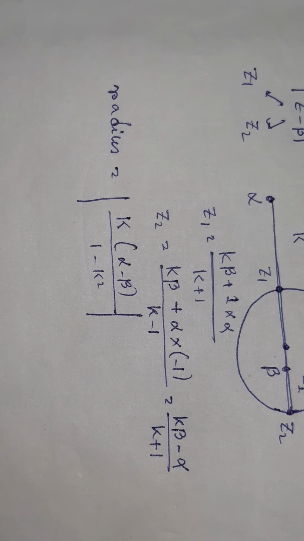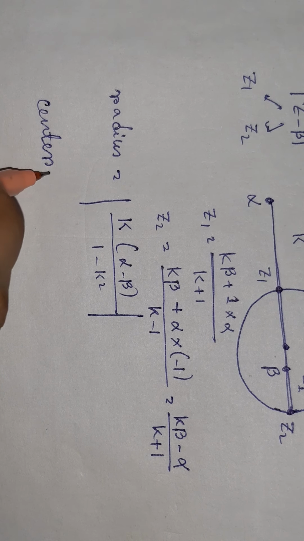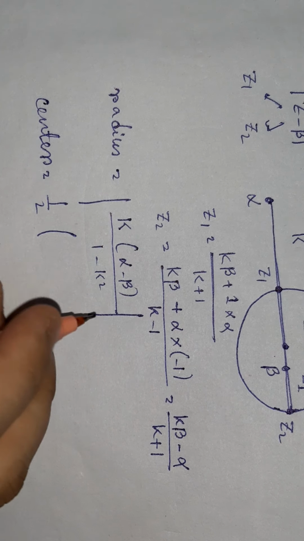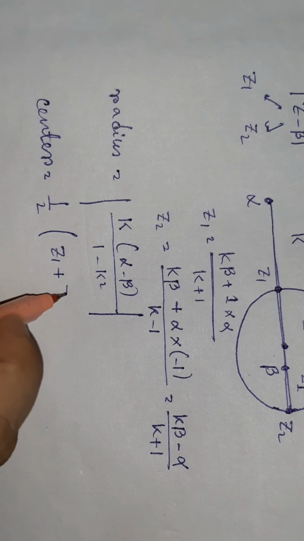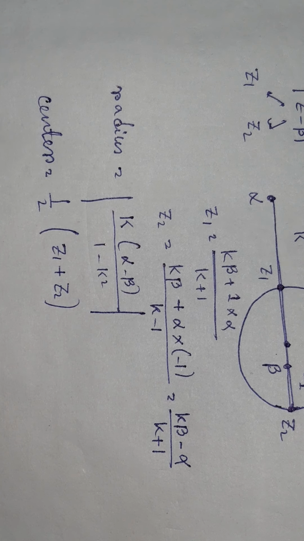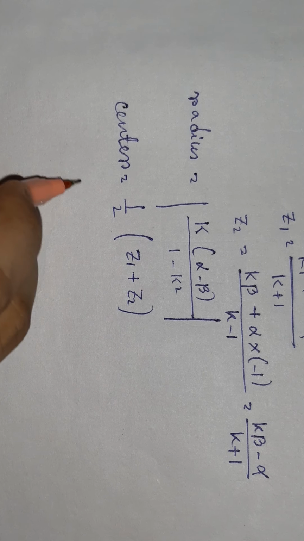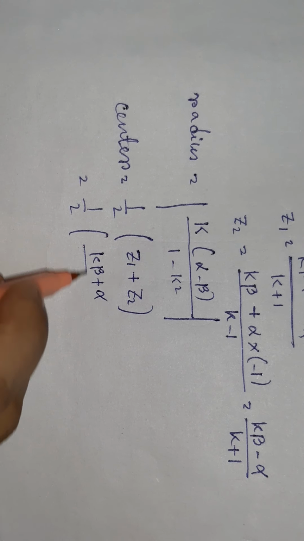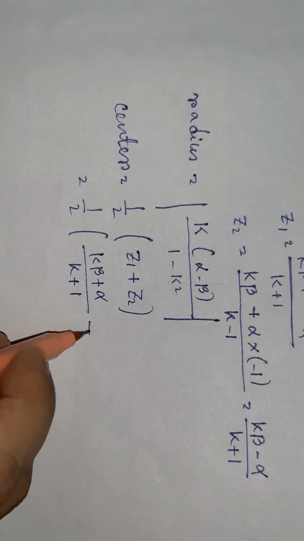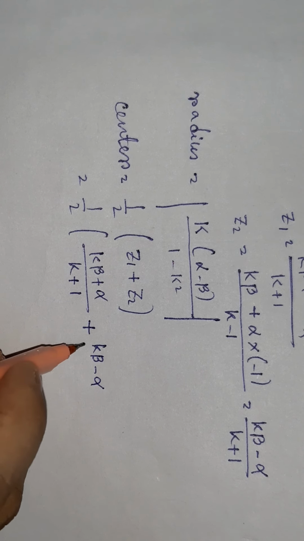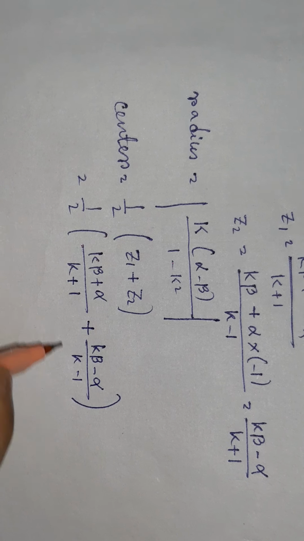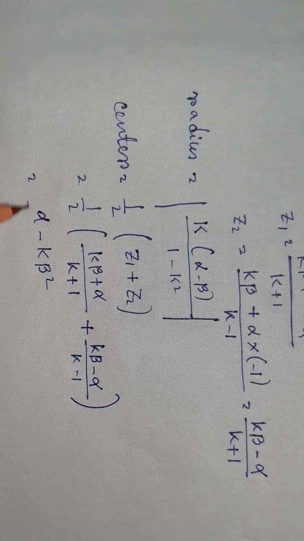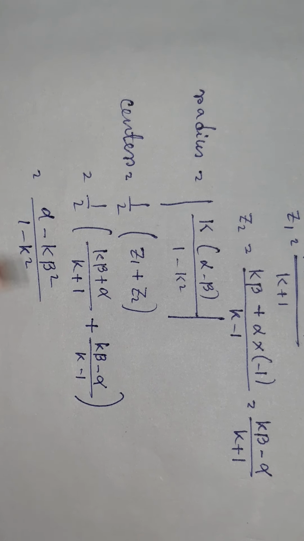And at which coordinate does the center lie? The center lies at half of z1 plus z2, which is half of k beta plus alpha by k plus 1 plus k beta minus alpha by k minus 1, and if you simplify it you will get alpha minus k squared beta by 1 minus k squared.